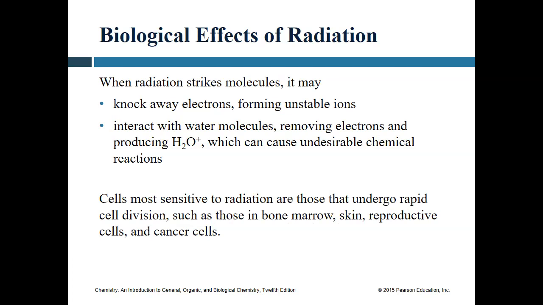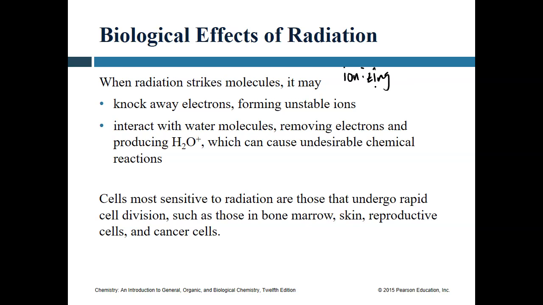So one of the things that we're going to be looking at in both today and Thursday is the idea of what happens when we're exposed to radiation. Radiation is said to be ionizing.